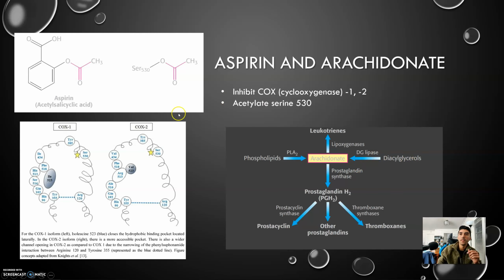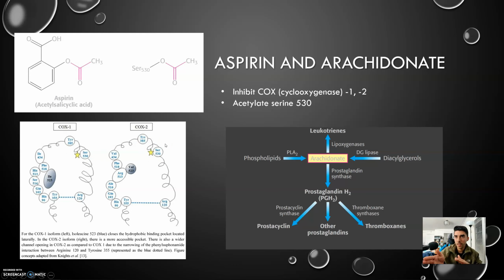So going back, how does aspirin then have an effect on cyclooxygenase? Well, this goes to the structure of aspirin. If we take a look at aspirin, we see that there's an acetyl group shown here. And what aspirin does is that it acetylates cyclooxygenase. So it transfers this acetyl group to the serine 530 on the polypeptide chain, depicted here and here for either of the cyclooxygenases.